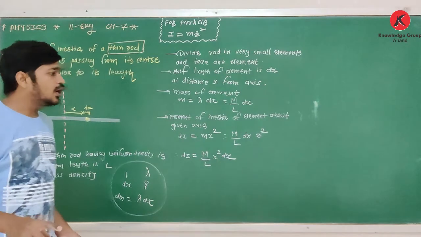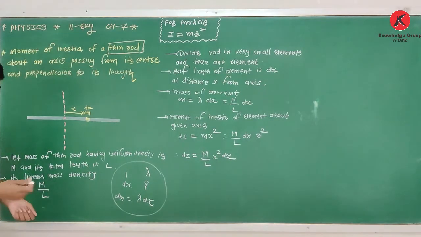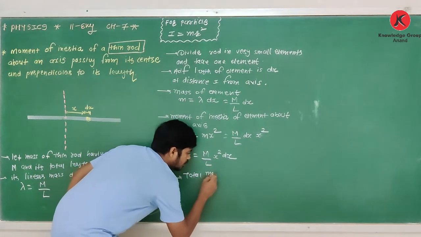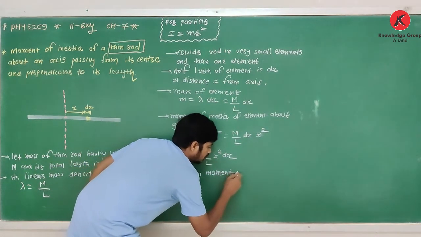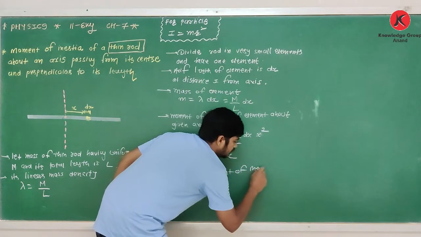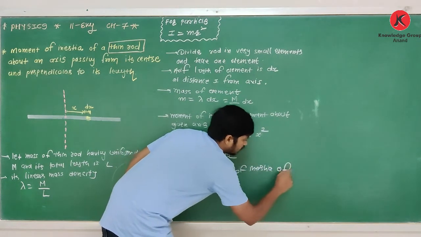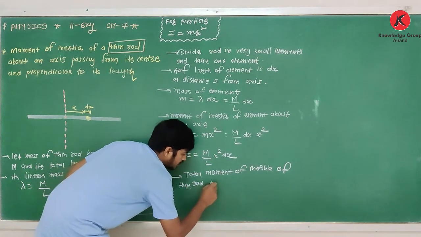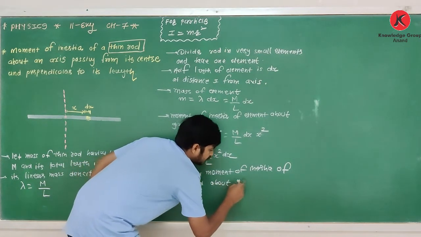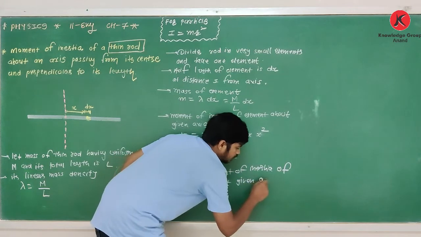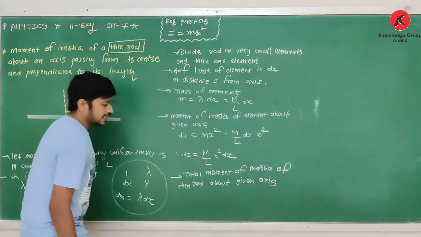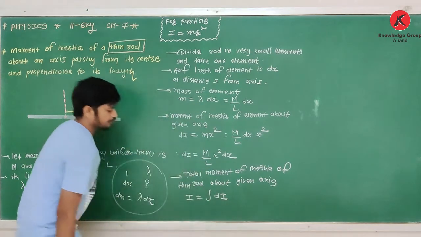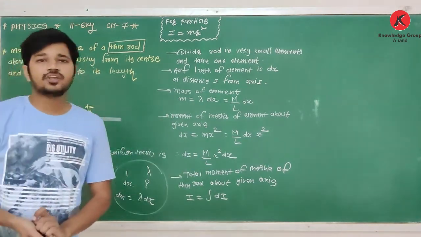So the total moment of inertia of the thin rod about the given axis is I equal to integration dI.